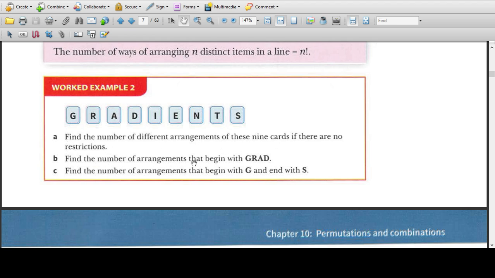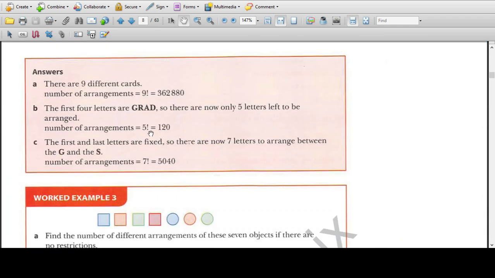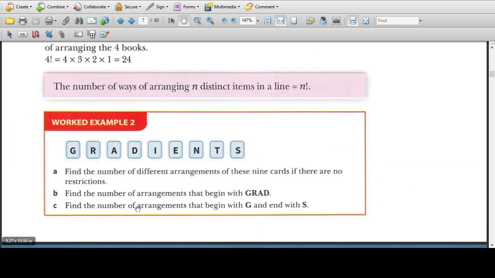Find the number of arrangements that begin with the fixed starting letters. The start is fixed, and now we have the remaining 5 letters, so there are 5 factorial arrangements. And for the number of arrangements that begin with G and S, these become fixed, and now we have the remaining 7 letters, so this becomes 7 factorial.